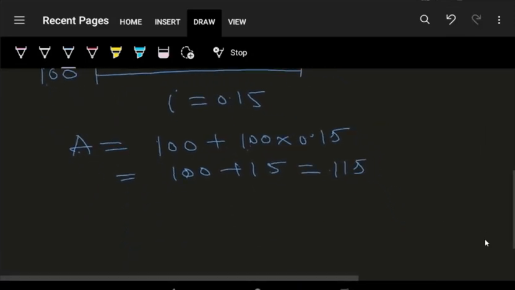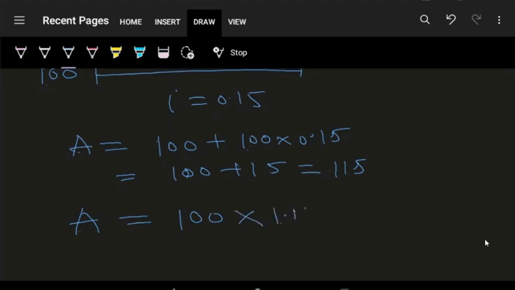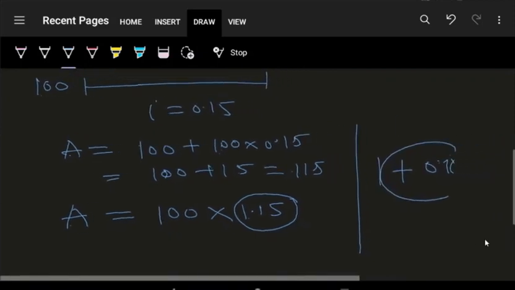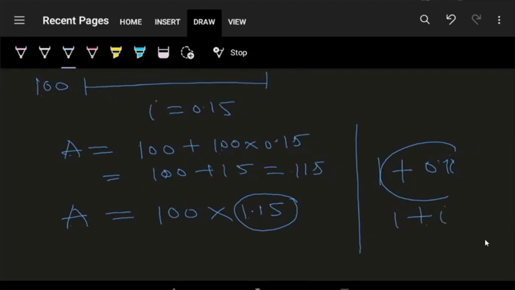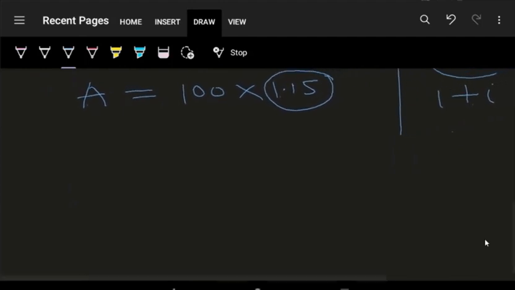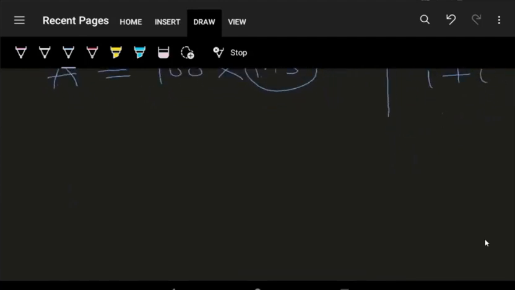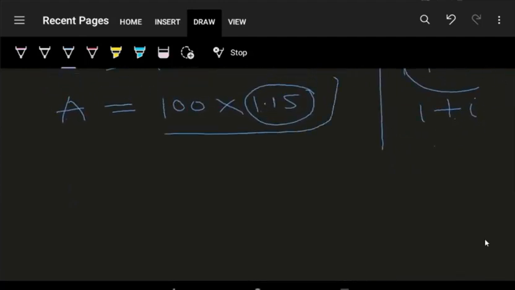Instead of doing so many calculations, I can directly compute the accumulated amount at the end of the year by multiplying my initial capital by a factor of 1.15. This 1.15 factor is just 1 plus the interest i. So for calculating the amount at the end of the year, I can directly multiply by 1.15.